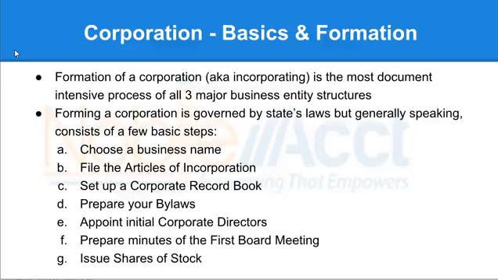The next step is to appoint the initial corporate board of directors. Now, usually this step is done by the incorporator of the business. What an incorporator does is he or she files a document in the corporation's record book.